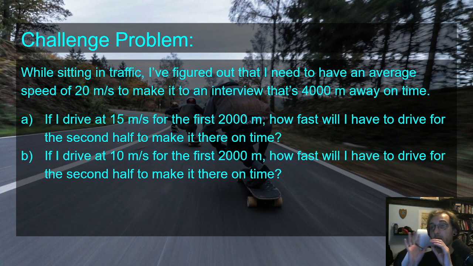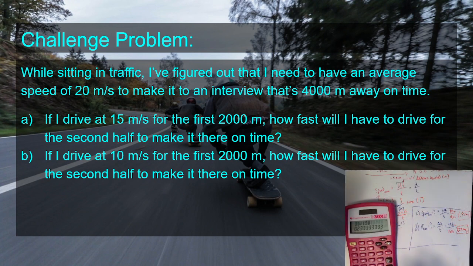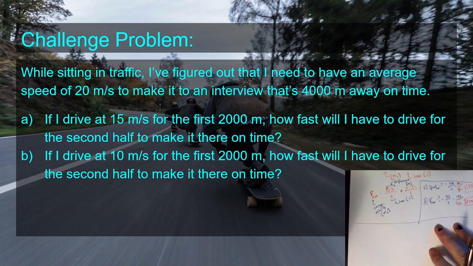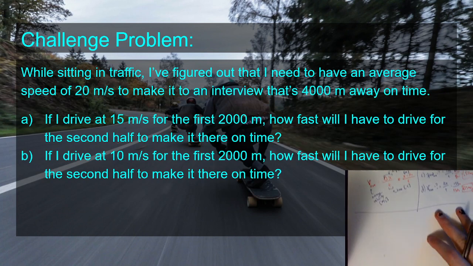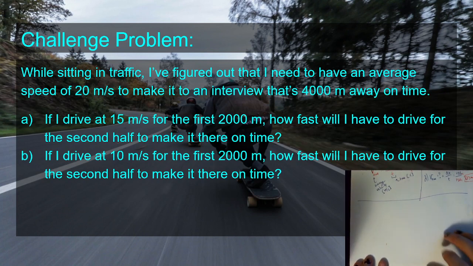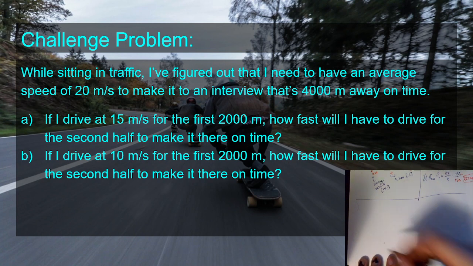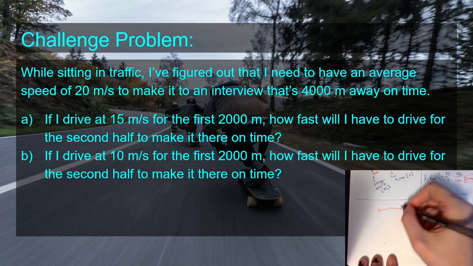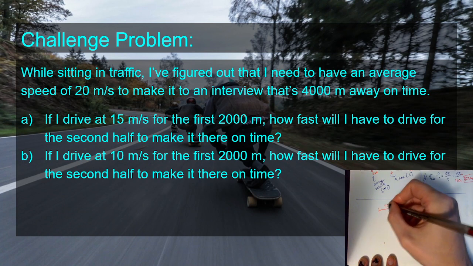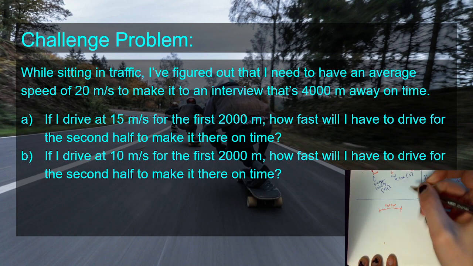So in particular, for this problem, what we're really going to need to do is think about how these different sections interact with each other, and in turn, how these different sections interact with the total. I know that for the whole thing, it's going to be 4,000 meters.